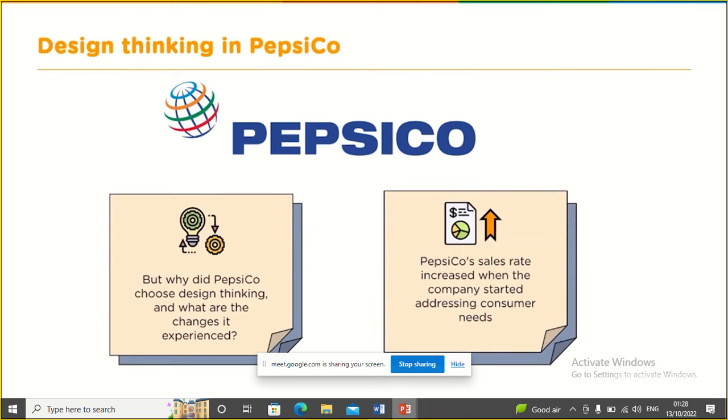So Pepsi also fully focused on satisfying the expectations, needs and requirements of users, which is the very first and very important step in design thinking. Since they implemented it, they gave priority to customers' expectations, and the sales rate increased.